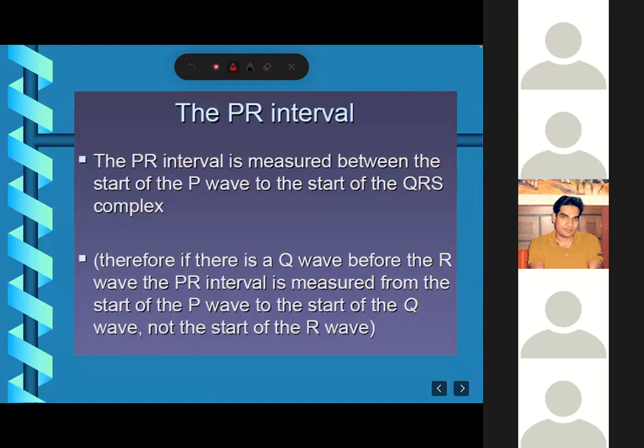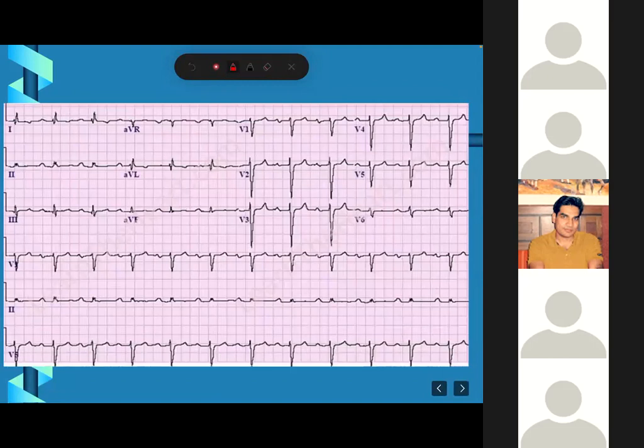Next is the PR interval. This is important in AV blocks. The normal PR interval is 3 to 5 small blocks. We are finding that in this ECG, this is the P wave and this is the R wave.